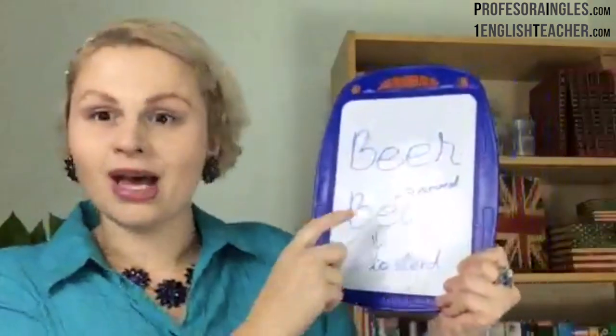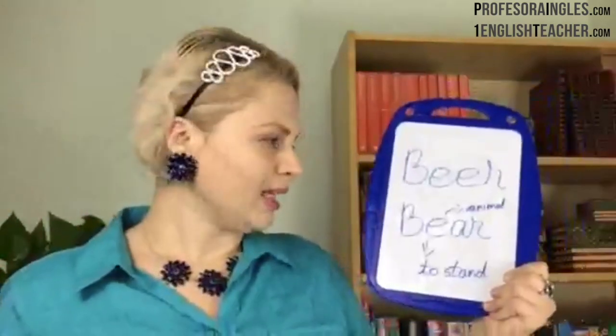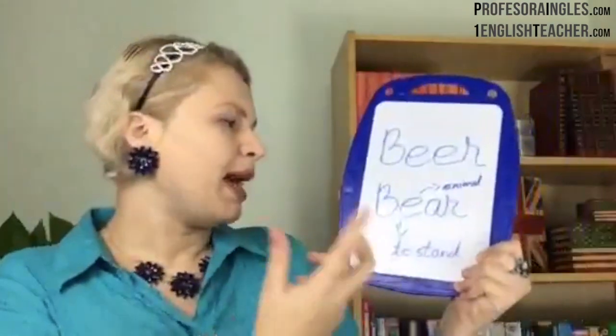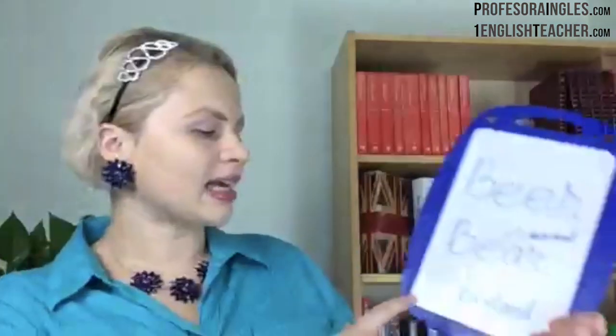It can be a bear, a frightening or a cute animal, or bear is also a verb. So for example, I can't bear this situation. It's really hard for me. This means I can't stand it. A situation that's very hard for me, I can't bear it. I can't stand it. Right?